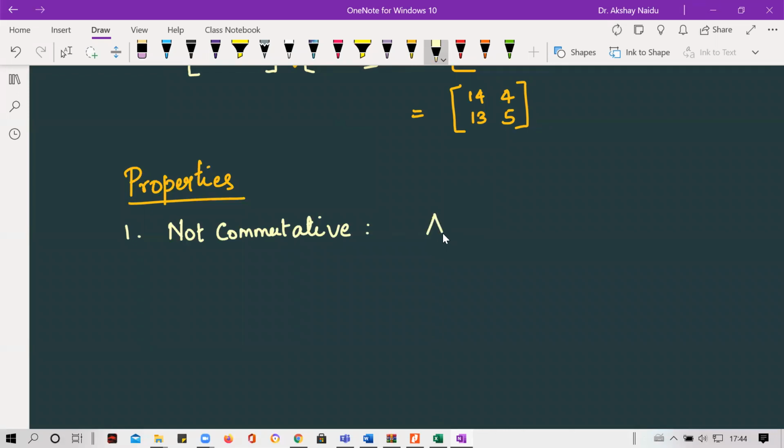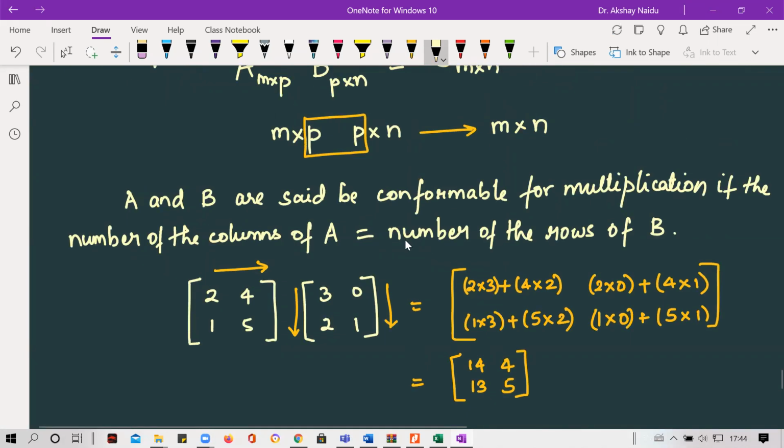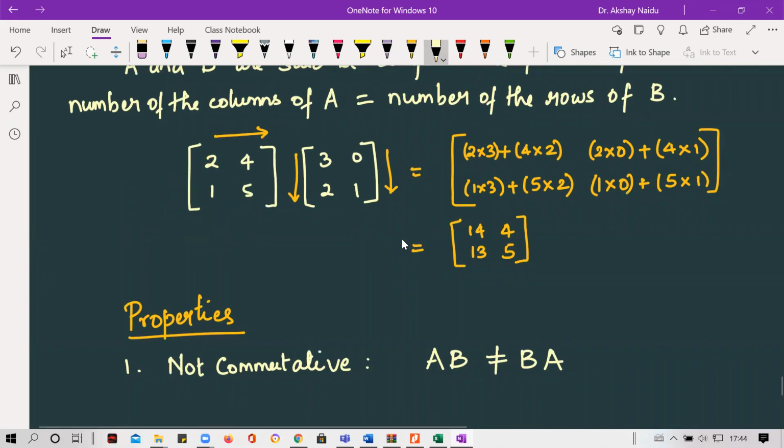AB is not equal to BA. Many times BA may not exist. BA may not even be defined. If they are not square matrices, then AB, BA may not be defined also.